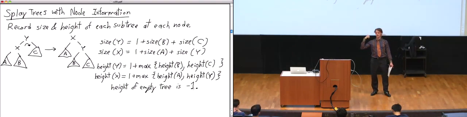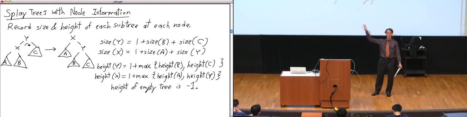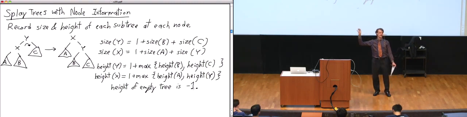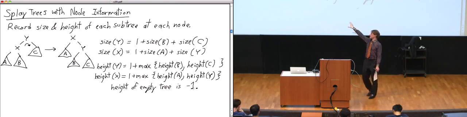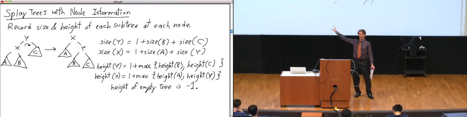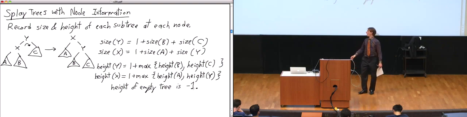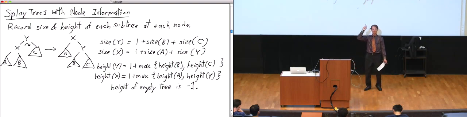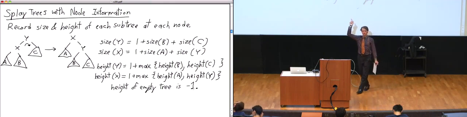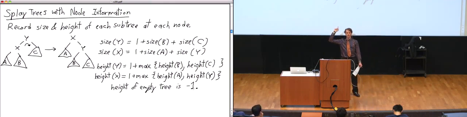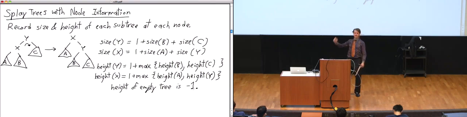So what these formulas mean is that whenever I do a rotation, I can, in constant time, update the sizes and the heights that I'm storing for those subtrees. Now, I may also be changing the heights of Y's ancestors. Those won't get updated right away, but they will get updated later when I splay X to the root.